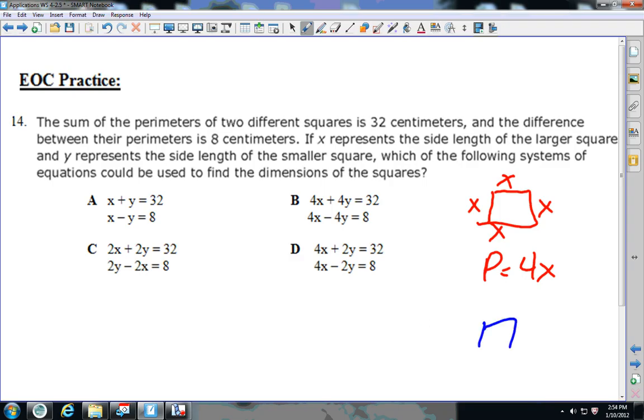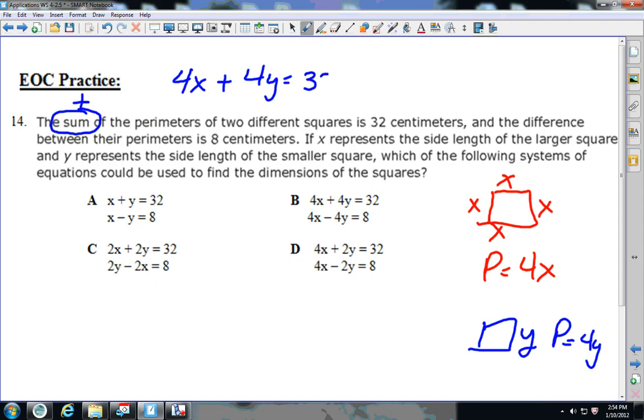And the smaller square, if the side is y, you add them all up, and your perimeter is 4y. Well, why am I doing all this? It says that the sum of the two different squares is 32. So I have the larger square, 4x, plus the smaller one, equals 32.